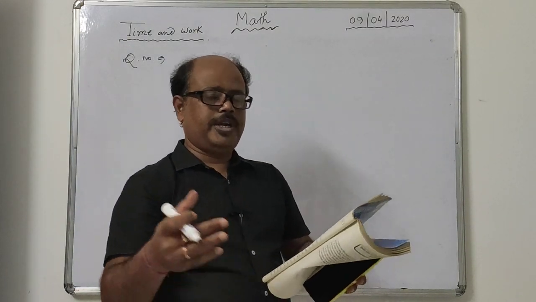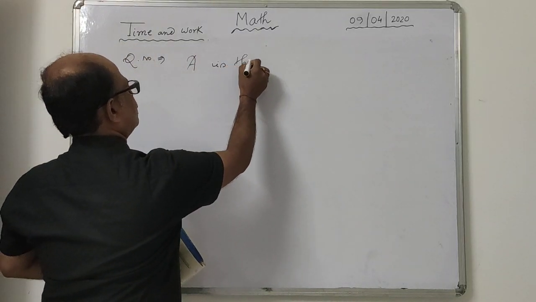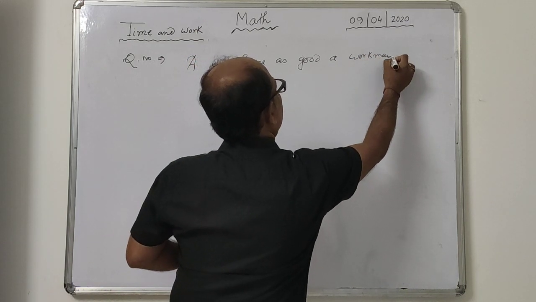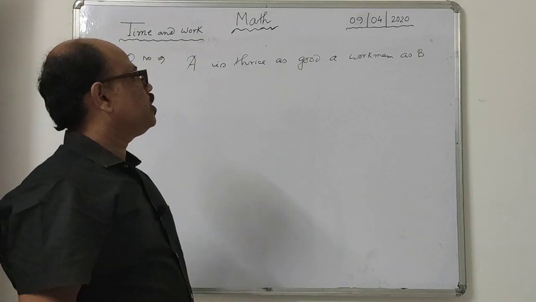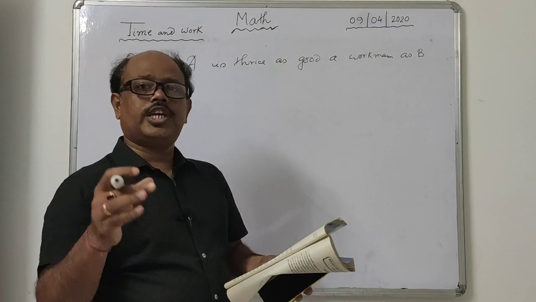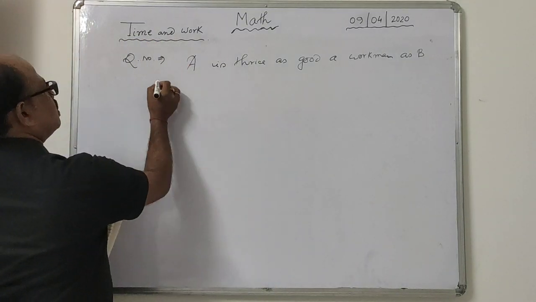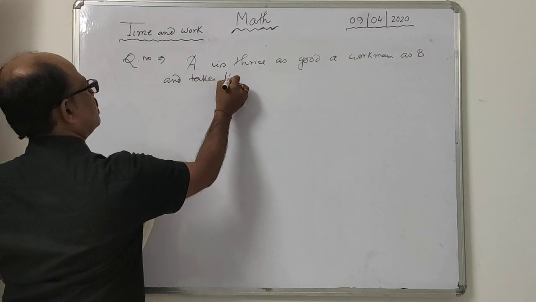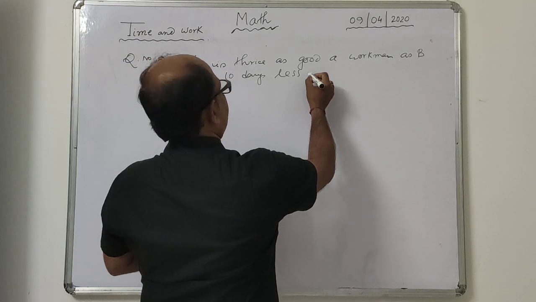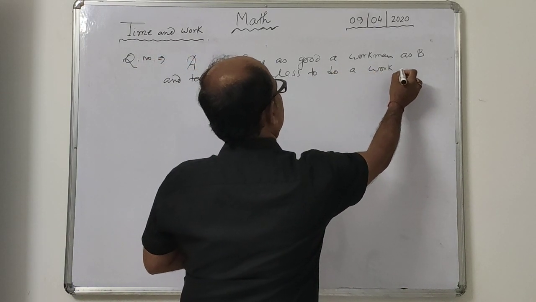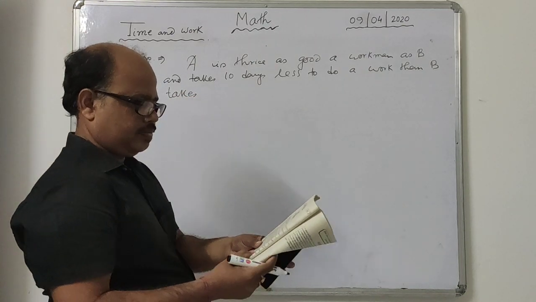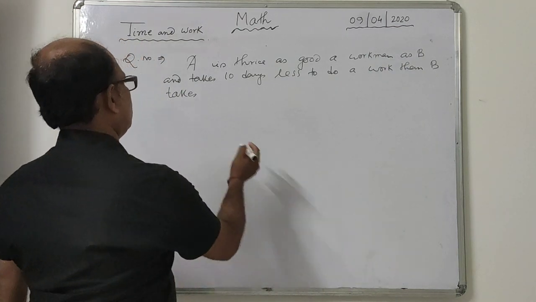A is thrice as good a workman as B, and takes 10 days less to do the work. In how many days can B alone do the work?